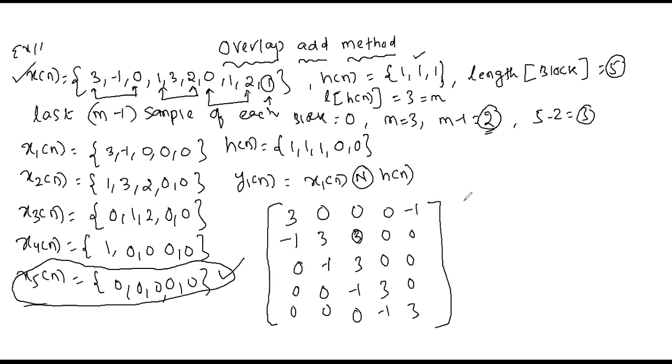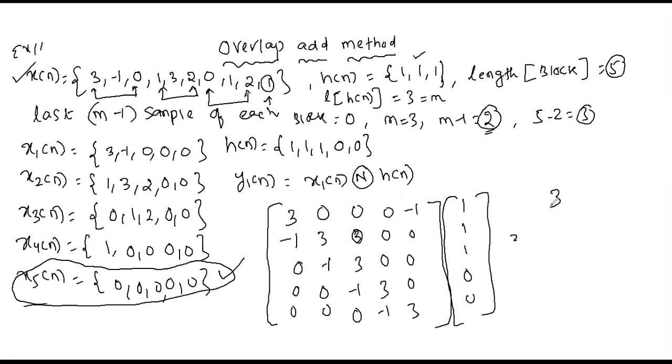Now multiply with 1, 1, 1, 0, 0. It is a simple matrix multiplication. The first row multiplies with the first column: 3 times 1, 0 times 1, 0 times 1. Simply do the multiplication.